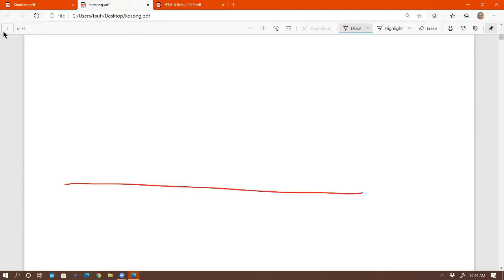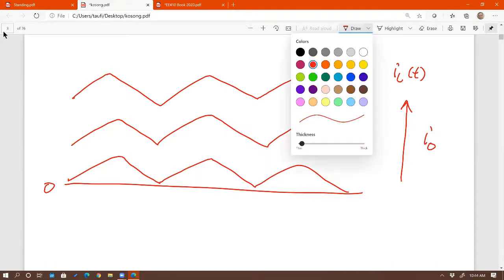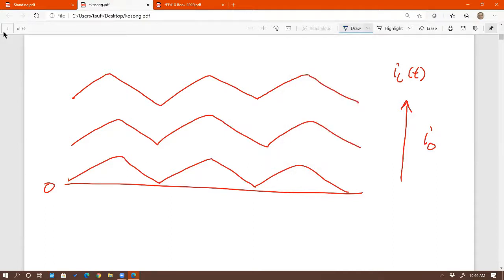Okay, do you agree with me that IL changes with I out like this? Josh, look, this is my IL of t, which goes up with I out. Yes? Okay, if you agree with that, then watch. Every single triangular waveform has an IL average.